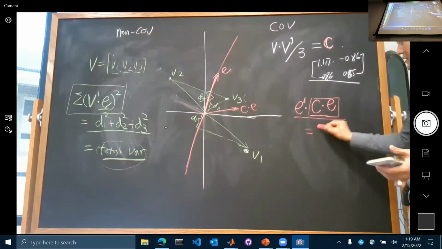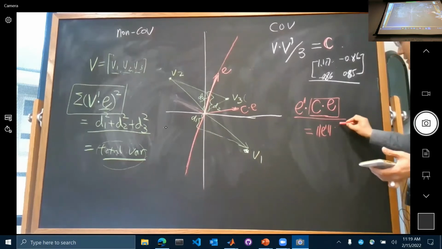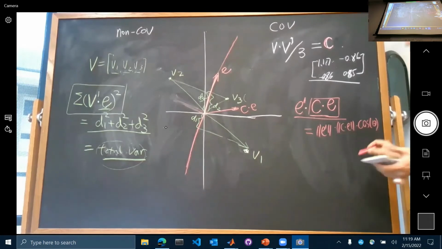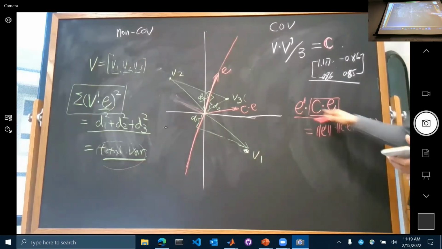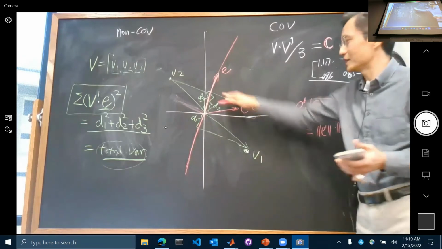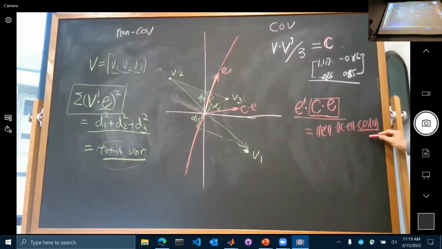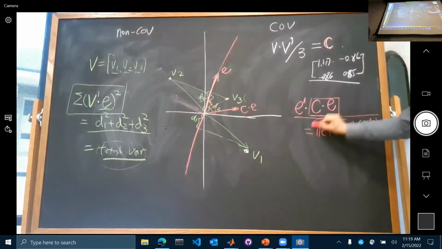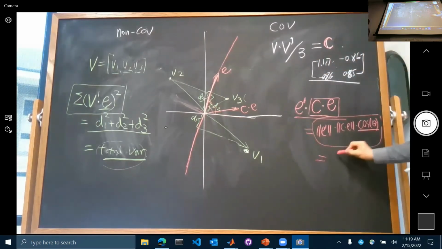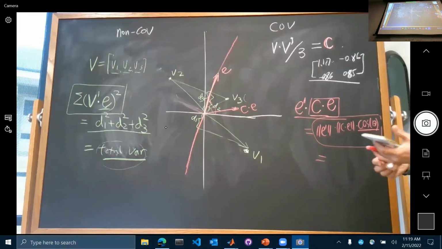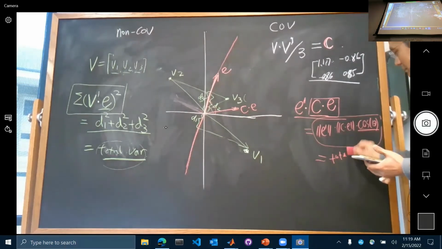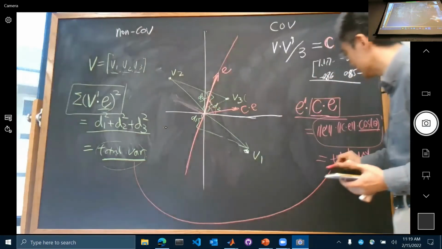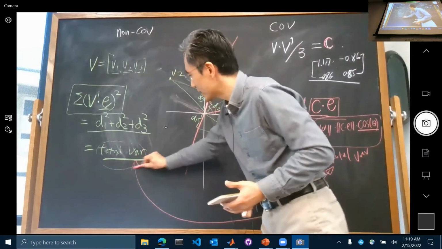Dot product is the length of E times the length of CE times the cosine of the angle. But for whatever reason, the answer of this is the total variance of your data. So at the end, this will be this, numerically the same.